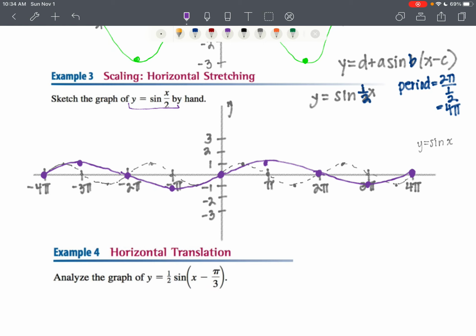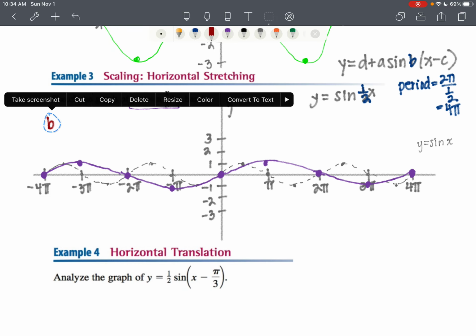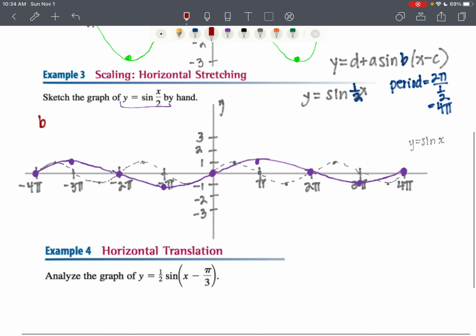Now, when would you have a horizontal shrink? When do you think you might have a horizontal shrink? Well, when your b value, I can use, this is pre-calculus, I can use the absolute value. The absolute value of b is less than 1, then it is a stretch.